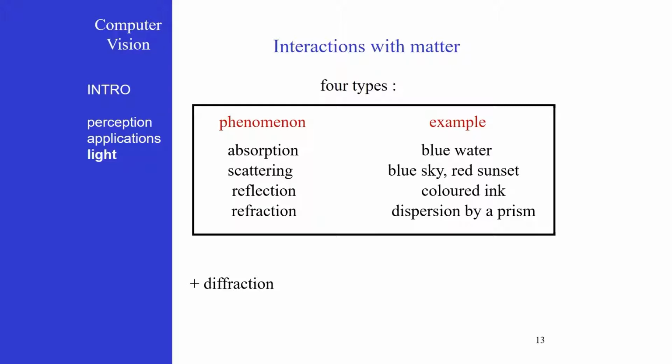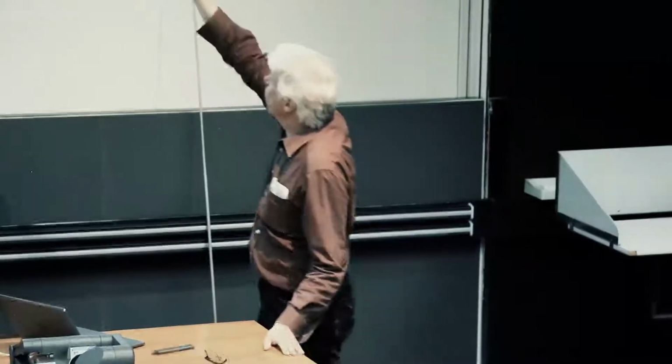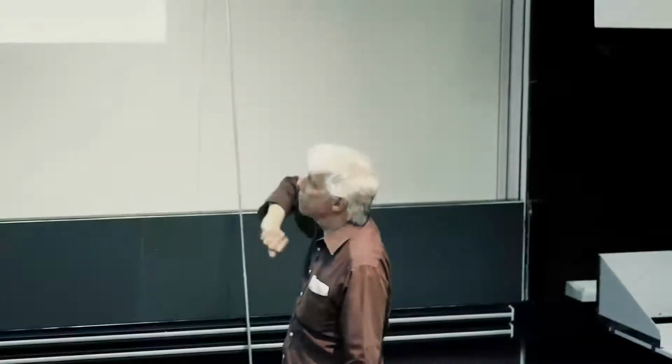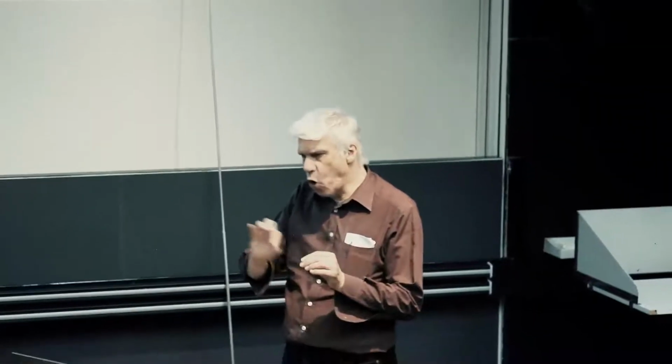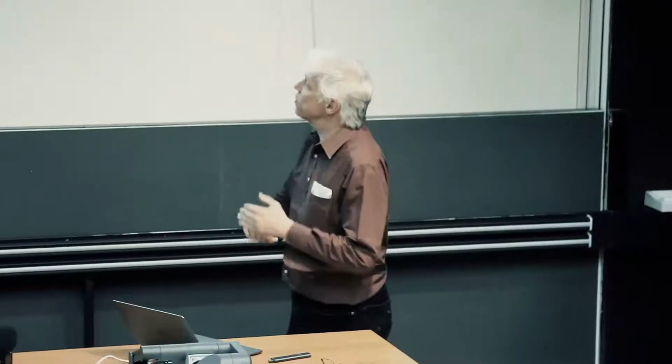For instance, if you have a transition between air and water, light comes in, part of it gets reflected, part of it goes into the water and propagates there. That's refraction. Another example, dispersion by a prism. We saw that light being broken once it entered the glass. It changed its orientation. It was refracted.